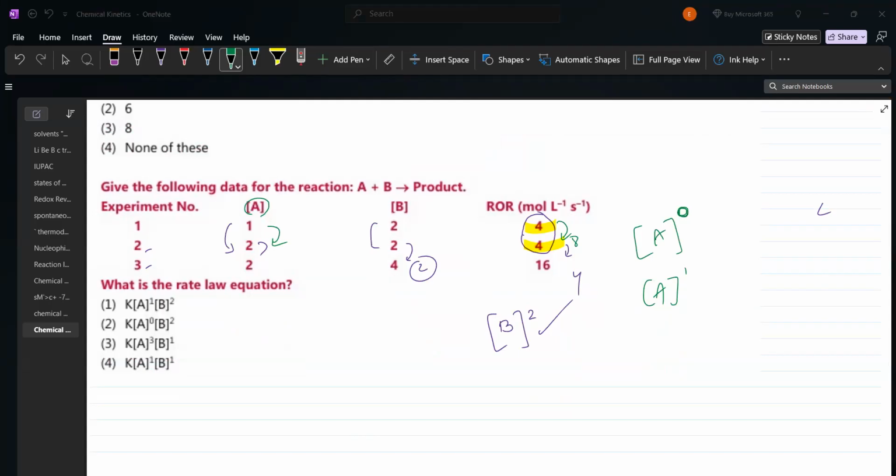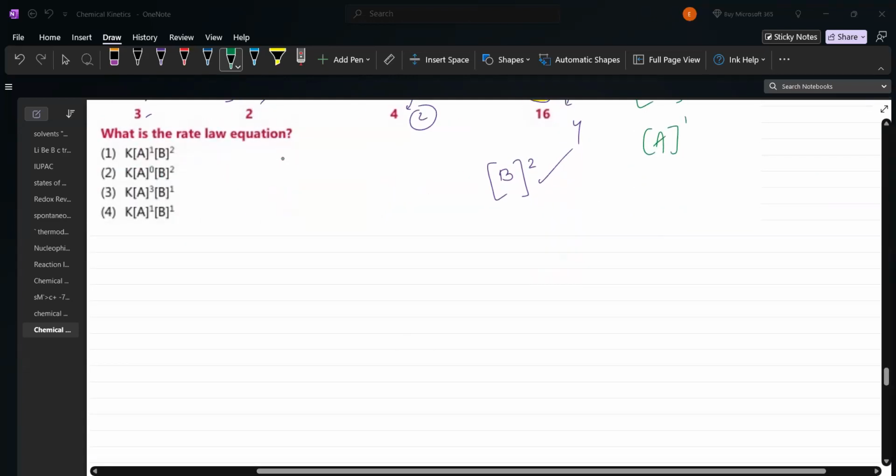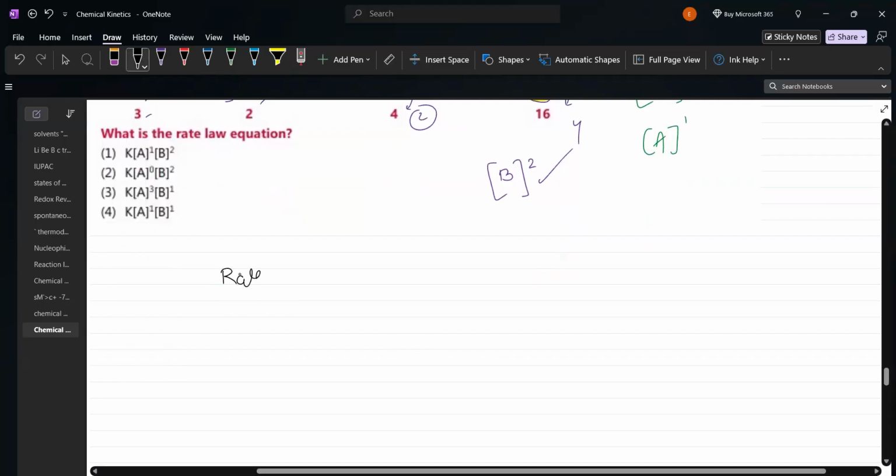Okay, so let's begin our topic today. Rate of reaction, sorry, rate constant. Rate constant is represented by K, right?